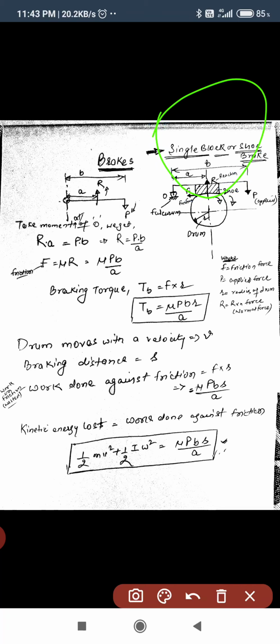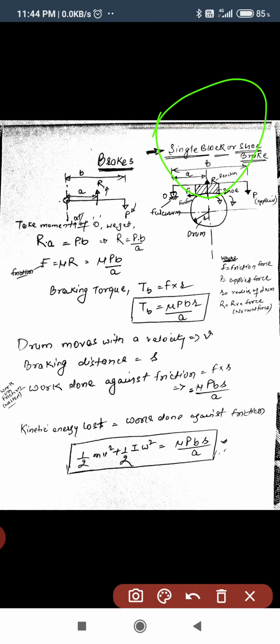The mechanical brake is classified into radial brake and axial brake. In axial brake we have the disc brake, but in radial brake we have the shoe brake, band brake, or band and block brake. In your syllabus we have this radial brake.